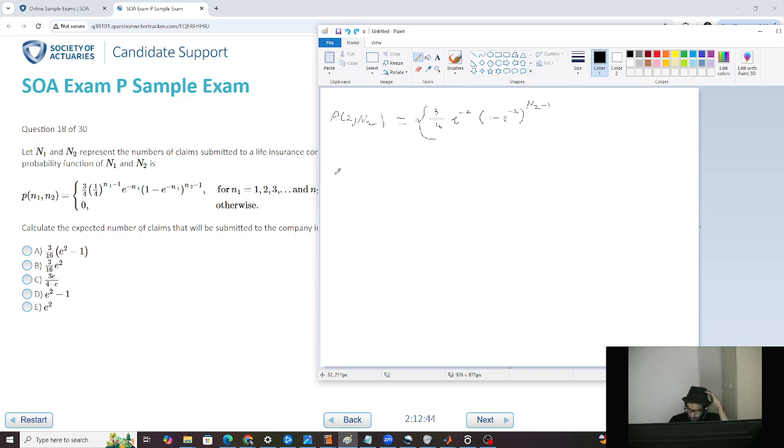This feels like a geometric distribution. Let me make sure I'm... Why are all the e's coming up positive, though? That bugs me a little bit.